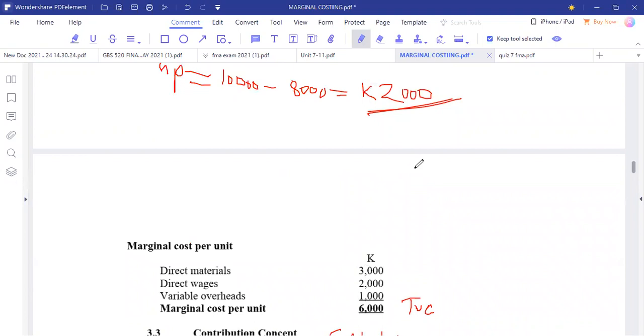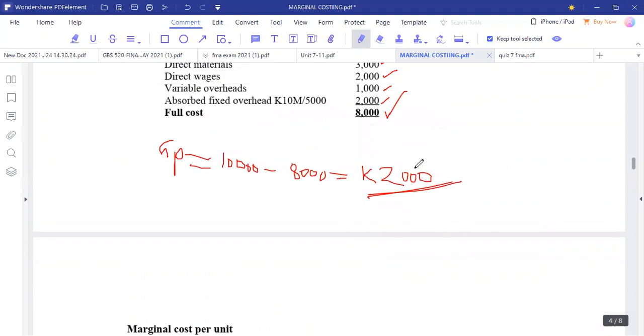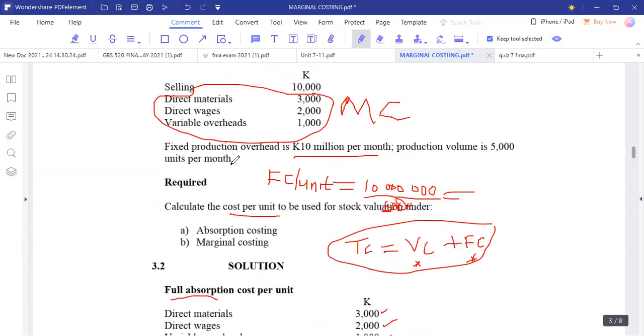Yes, please. Why do we subtract the fixed overheads? Are you able to come again? Okay, so the fixed overheads, we are saying is 10 million. You can see a fixed overhead is 10 million per month. Yes, and then the production volume is 5,000 units per month. That is the total production units is 5,000 units per month.